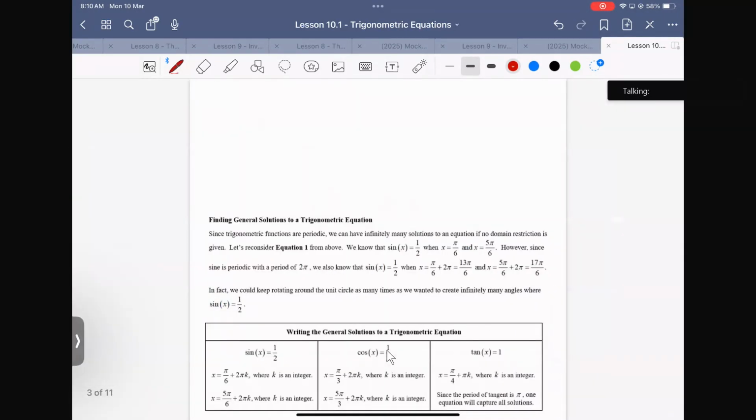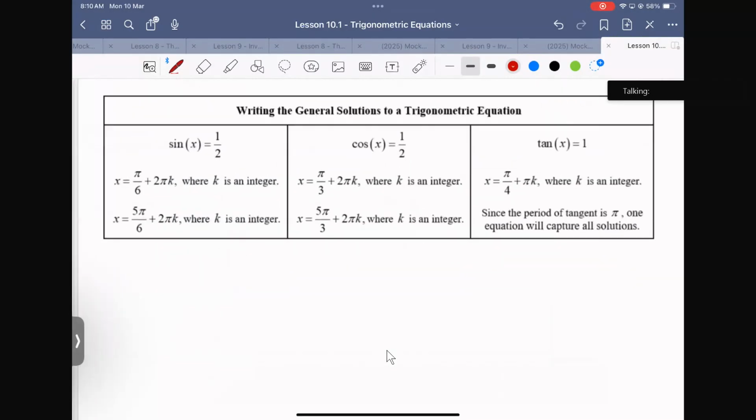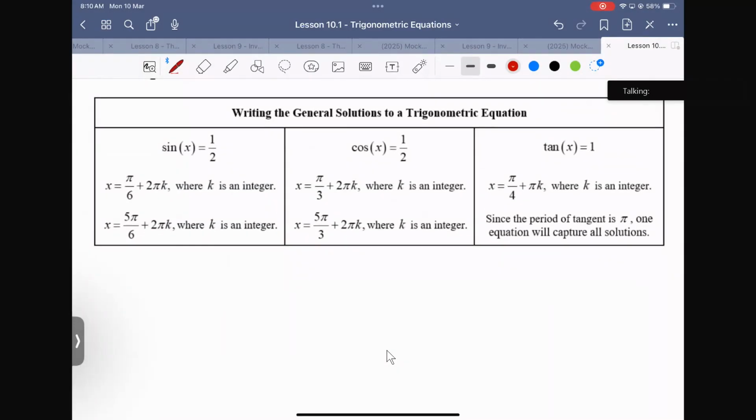So we're looking at the general format for solving equations and finding multiple solutions. This isn't quite a general form, is it?